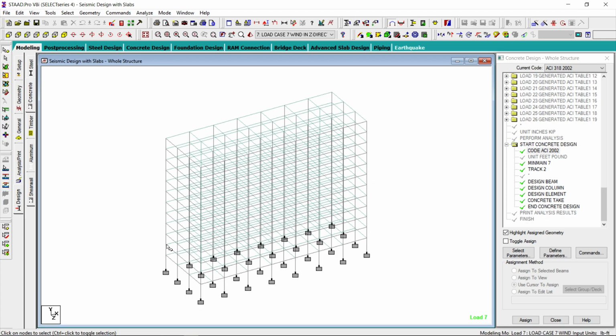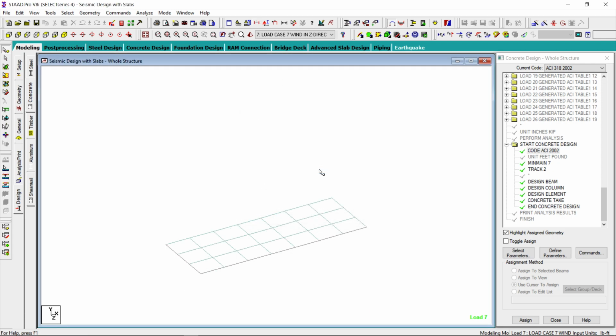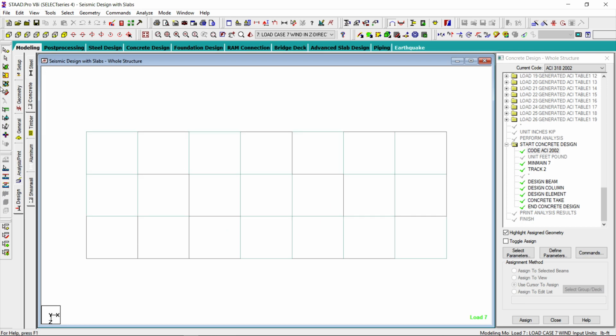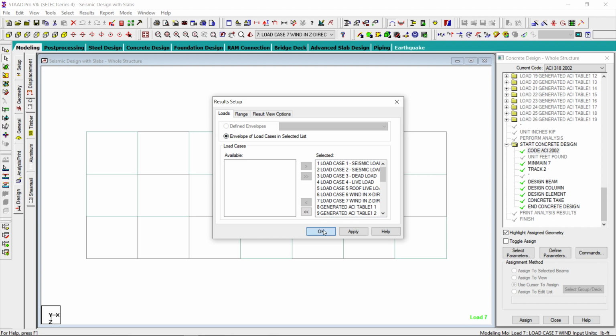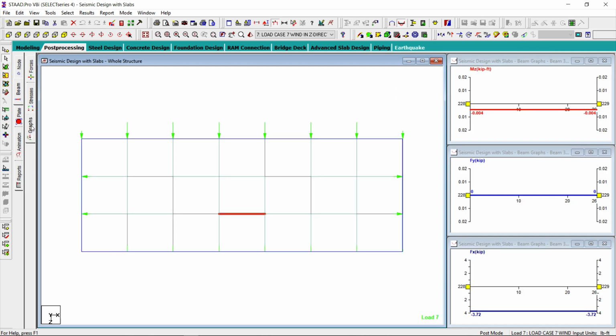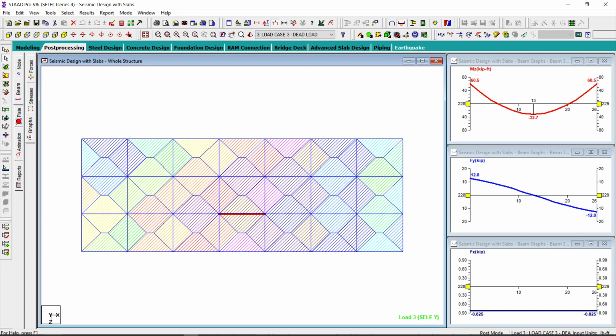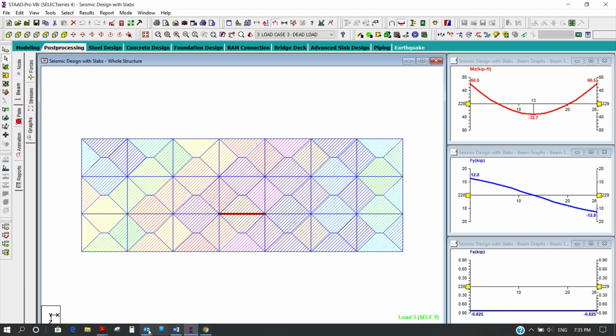Let's select the second floor. So let us select the beam. So here is the C4 C5 beam, and this is on the second floor. Let's go to the post processing. Fine. Let's go to the beam and graphs. Let's see what is given over here in the book.